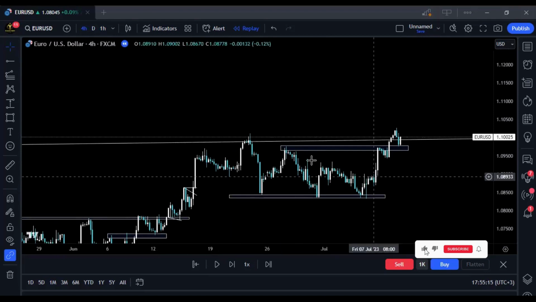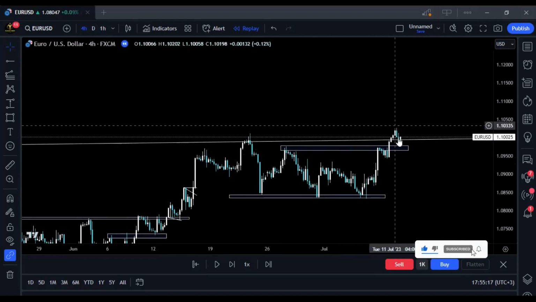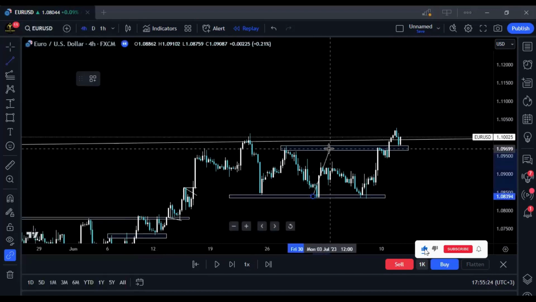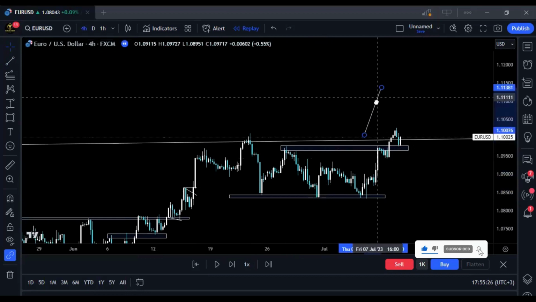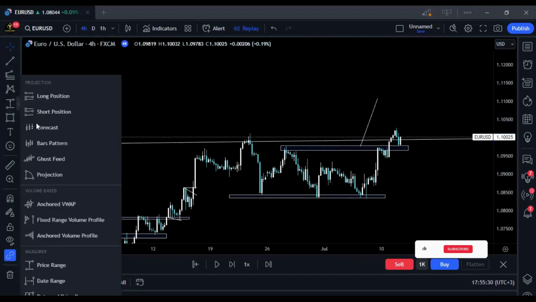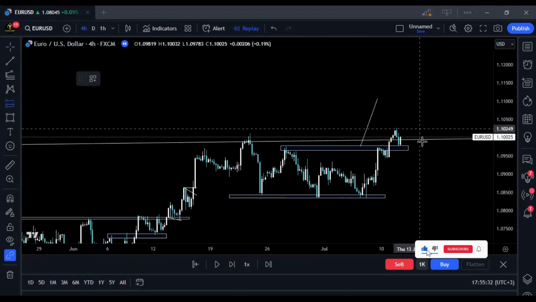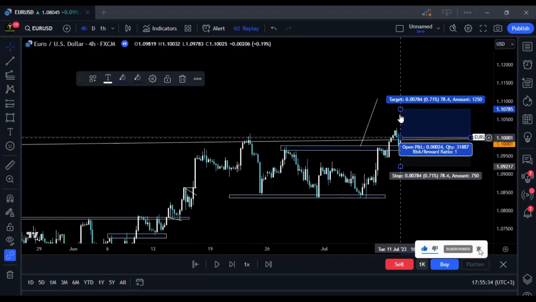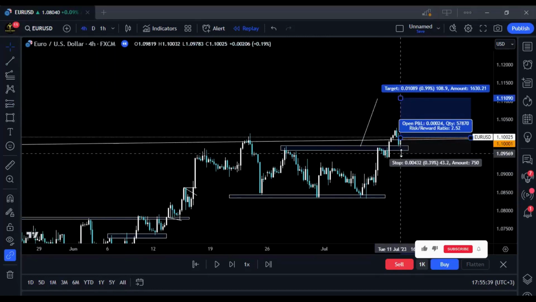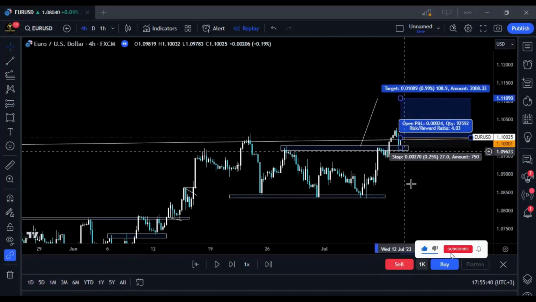Prices were in a range, prices broke above, gave us a retest. So the distance from here to here should have been the distance from there to where we should have been aiming our targets. Would it have given us a 1:3? It would have given us a 1:4.